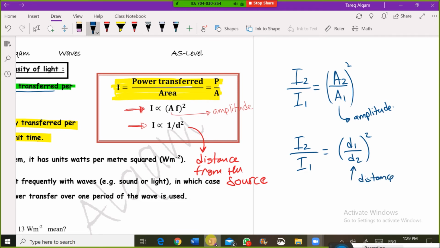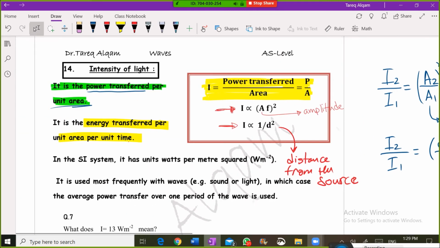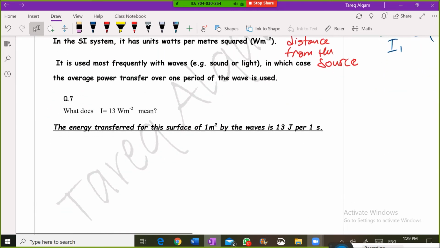Okay, guys. When we are given that the intensity of light or intensity of sound, whatever, is 13 watts per meter squared, this means that the energy transferred to a surface of 1 meter squared by the waves is 13 joules per 1 second.